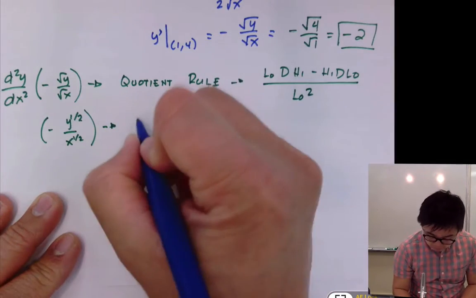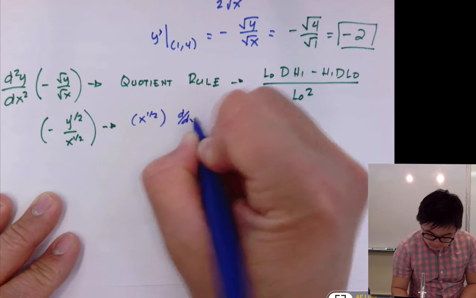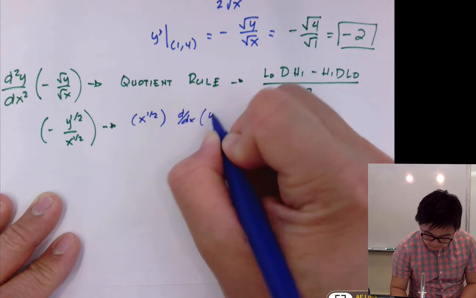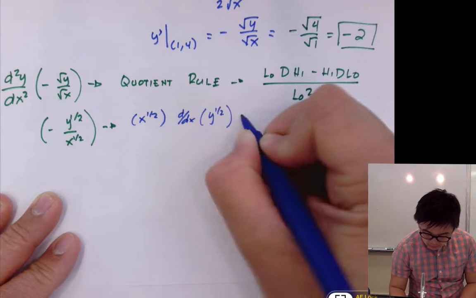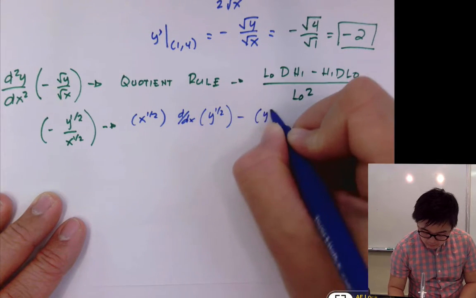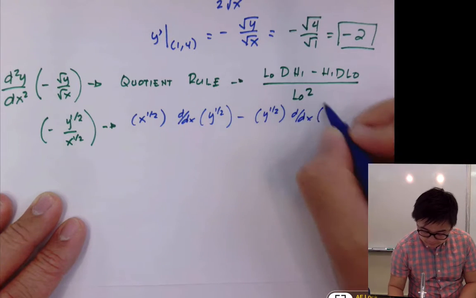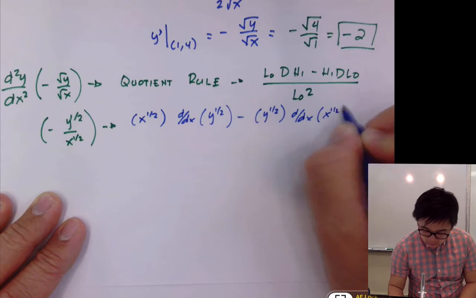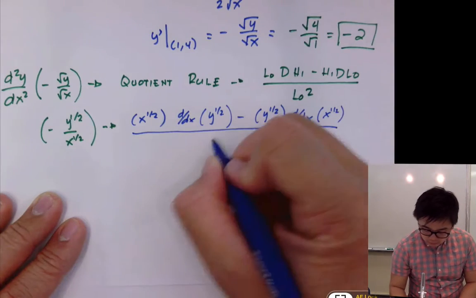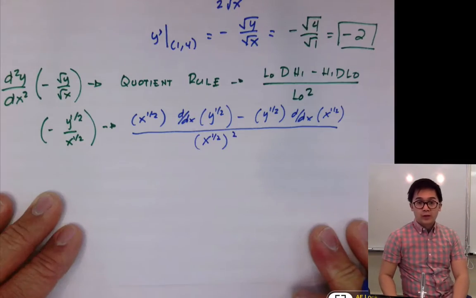So low d dx of high minus high d dx of low all over x to the 1/2 squared.